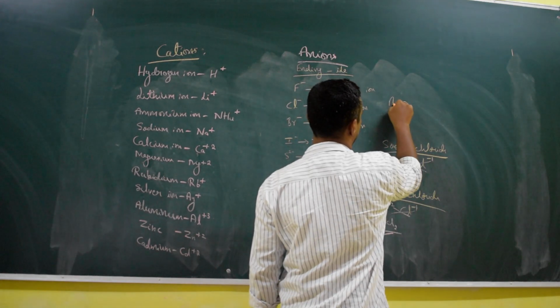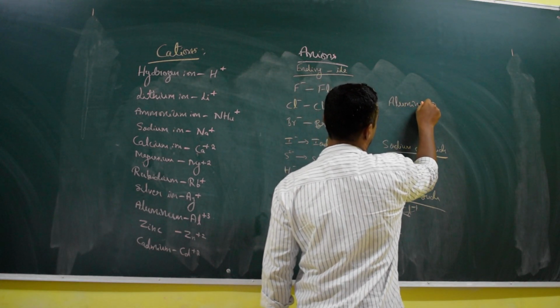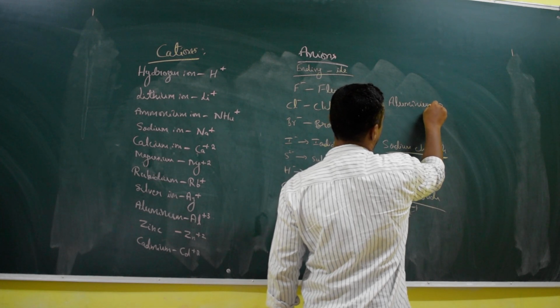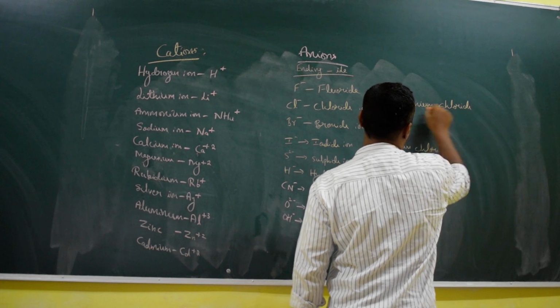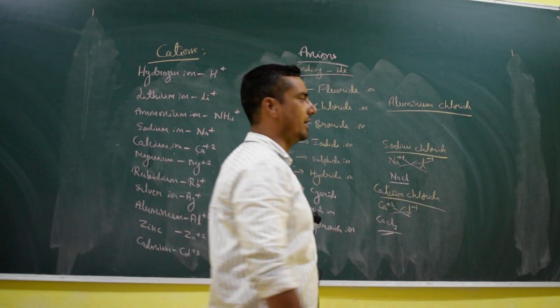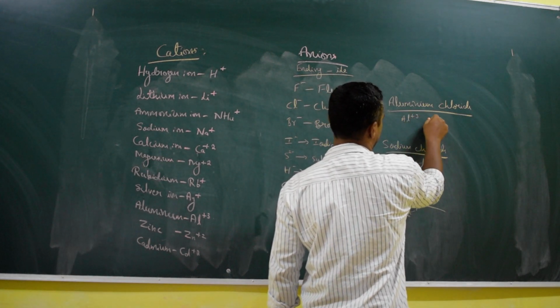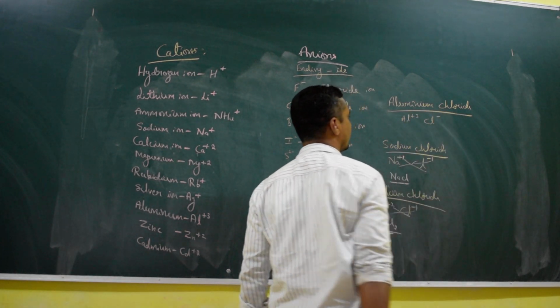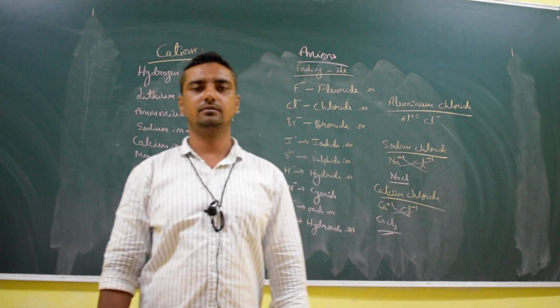Aluminium chloride. We know the symbol for aluminium. In the presence of cations, that is Al+3, and this is Cl minus. So how can we write it?